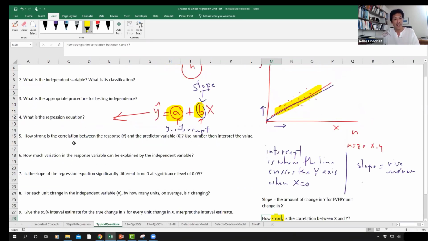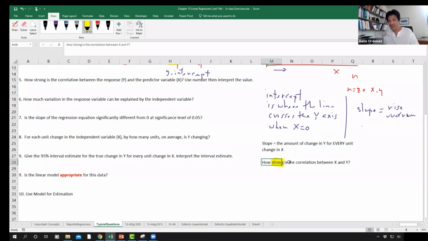That number is known as the R value, or the symbol for it is R, which is known as the correlation coefficient. The correlation coefficient is a value between -1 and +1.